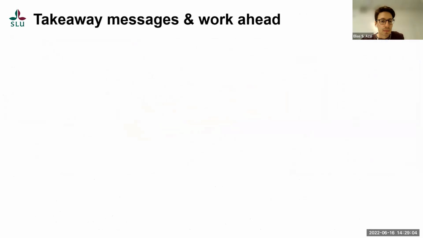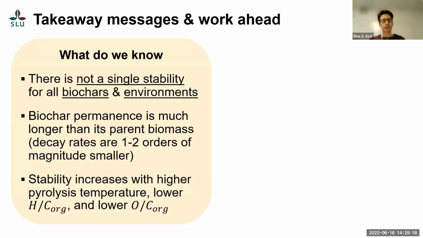And so now that I've said all this, maybe I scared some people regarding biochar stability, because I'm opening many boxes and going into the details of the modeling, but I want to clarify here what we know about biochar stability. The first thing we know is that there is not a single stability value for all biochars and all environments. There is variation.